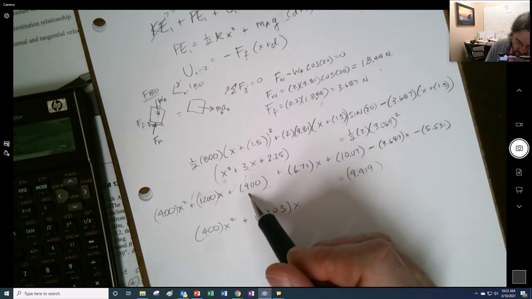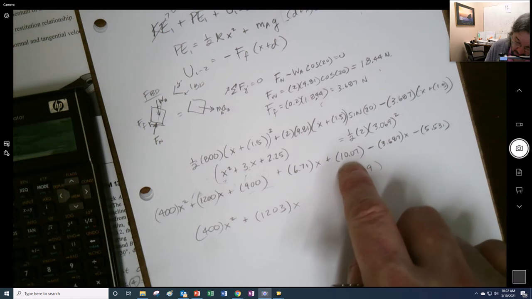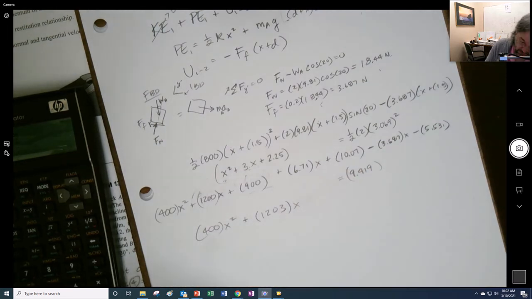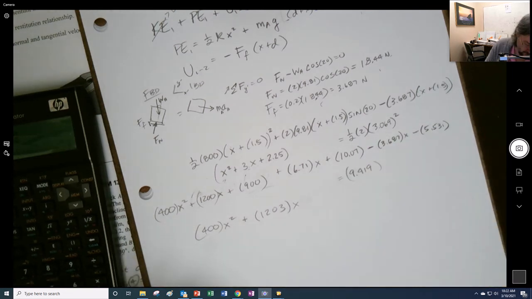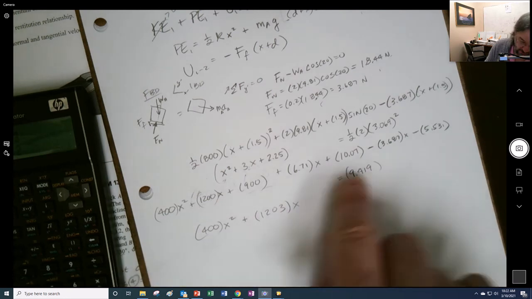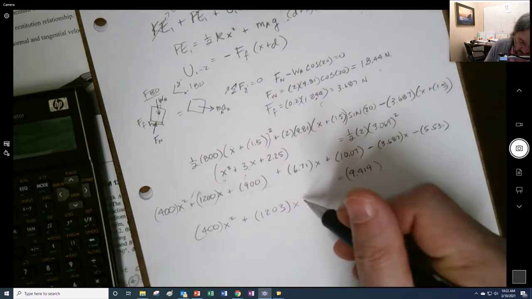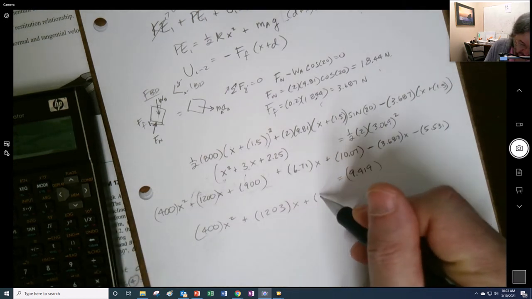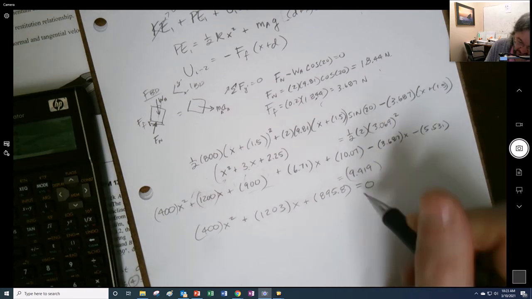All right, so now let's take our 900 and add 10.7, sure, and then subtract out 5.531, and then also subtract out our 9.419, and I get a positive 895.8, and it all equals 0.